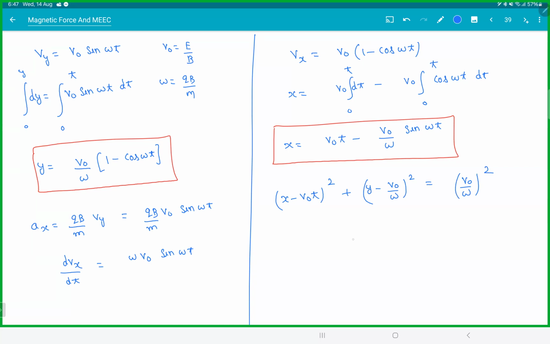This is an equation of a circle whose center is moving, whose x coordinate moves with constant speed.